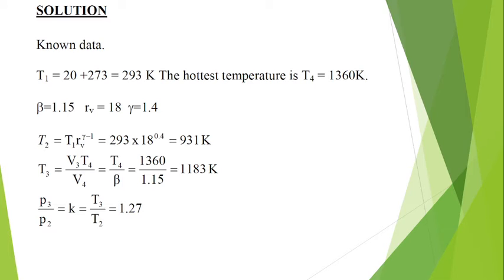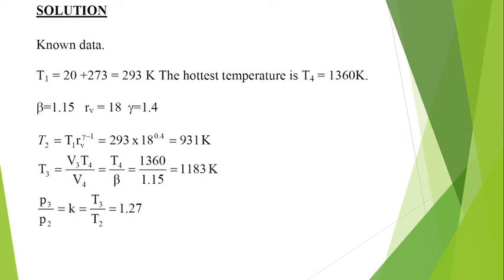Solving for T3, we have the constant pressure. T4 over T3 is equal to V4 over V3, which is the cutoff ratio. Then we can cancel out and make it into the cutoff ratio.